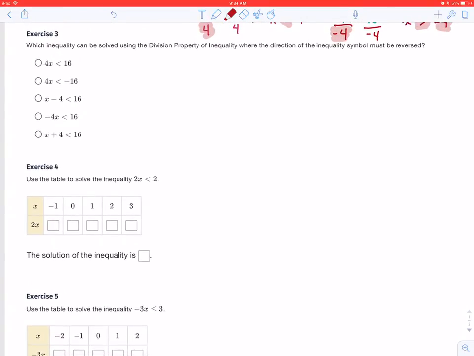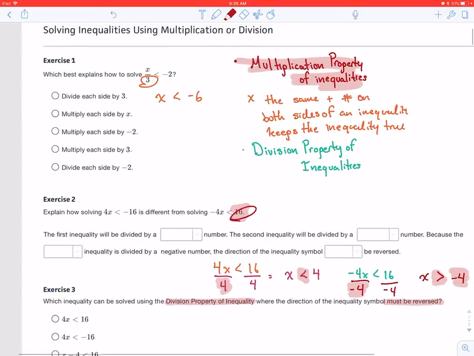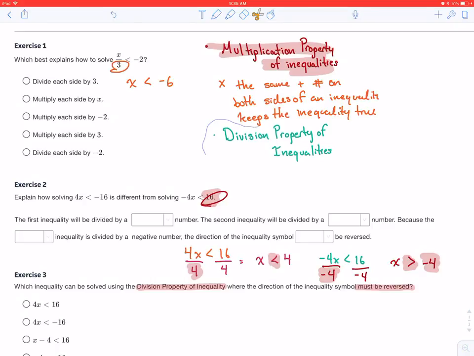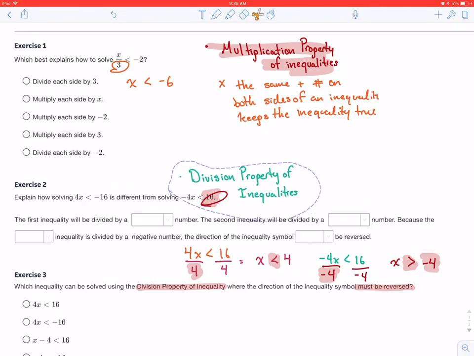Okay, exercise 3. Which inequality can be solved using the division property of inequality, where the direction of the inequality symbol must be reversed? So that division property of inequality, let me just go ahead and grab this real quick.